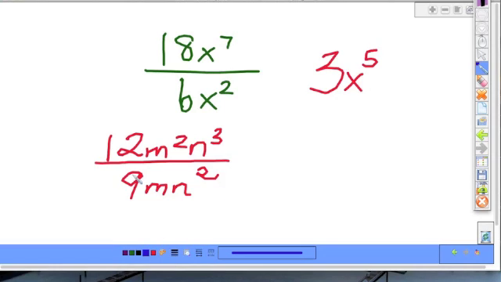Well, we know that 9 and 12 can both be reduced down by 3, which is going to give me 4 over 3. Now I have m to the 2nd take away m to the 1st, which is going to be 2 take away 1, which is just going to give me 1m. And then I have n to the 3rd take away n to the 2nd, which is going to be 3 take away 2, which is just going to give me 1n.